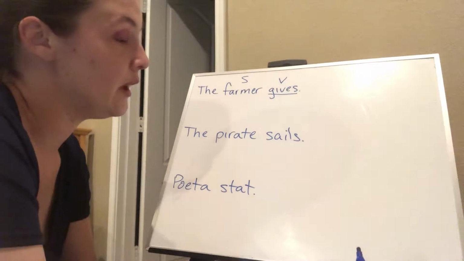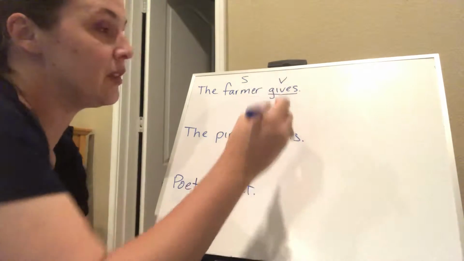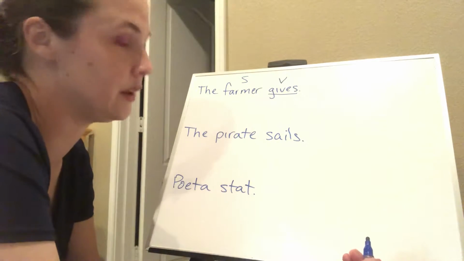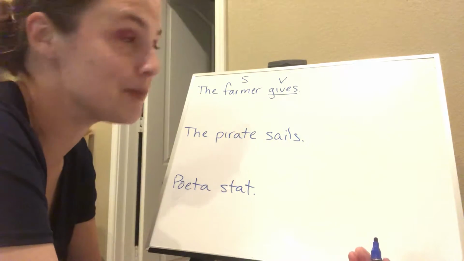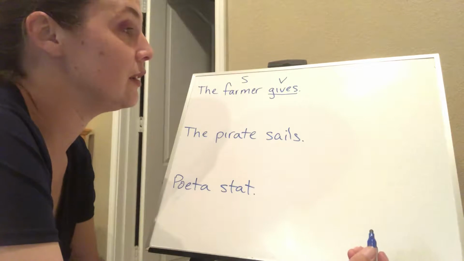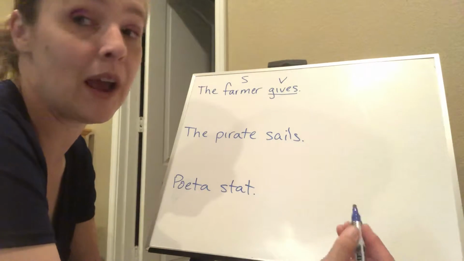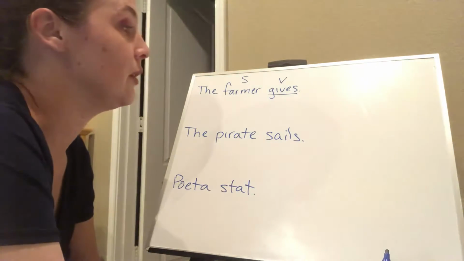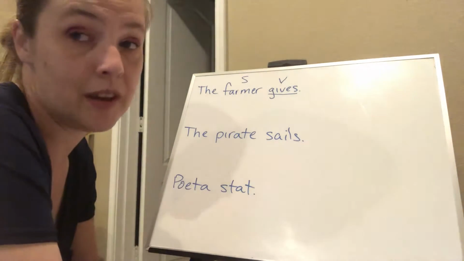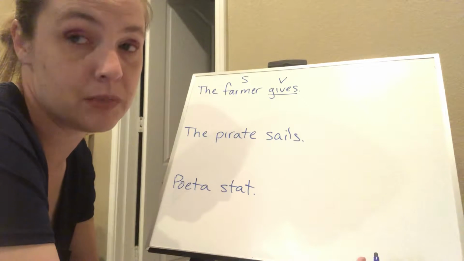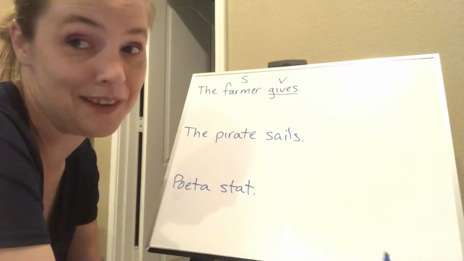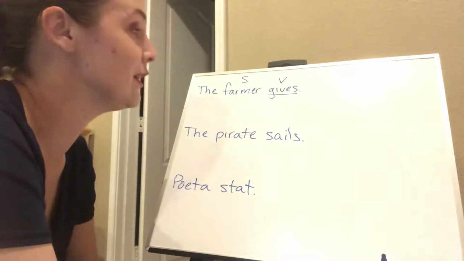So here we go. Since we know that the verb is gives, we need to figure out Latin vocabulary, and we need to figure out how we're going to conjugate this verb. Okay? So we need to decide a few things about our subject, because if we want to have subject-verb agreement, then we need to parse our subject.